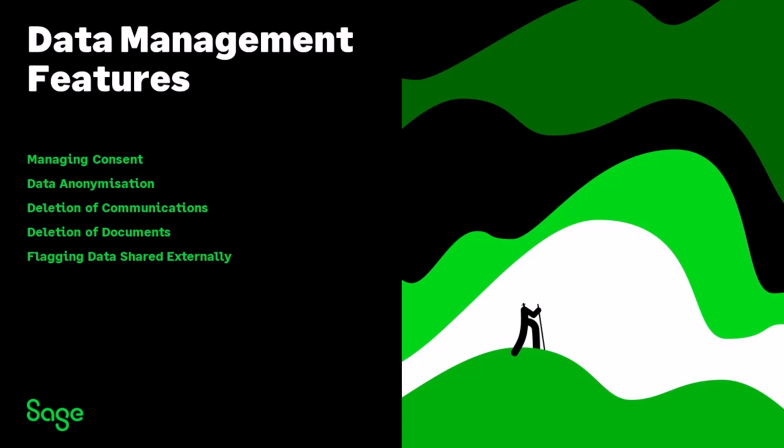This flagging that we've just looked at in this lesson completes that set of features, because we know that Sage CRM is not on its own, and we pass data to and receive data from other systems. And so we have to understand, and Sage CRM gives you these tools to give you, a sense of where all of that data is, so you can fulfill your obligations under data privacy law.